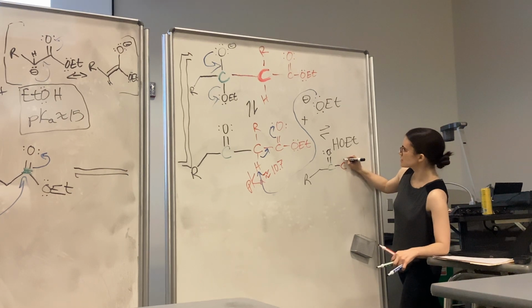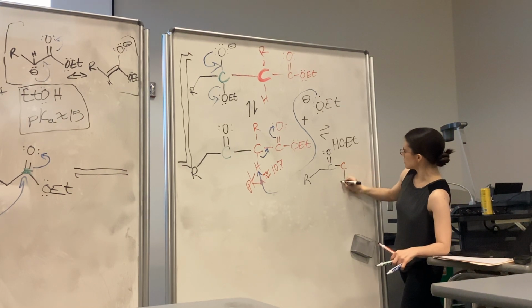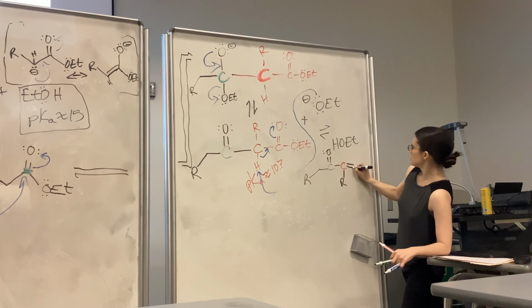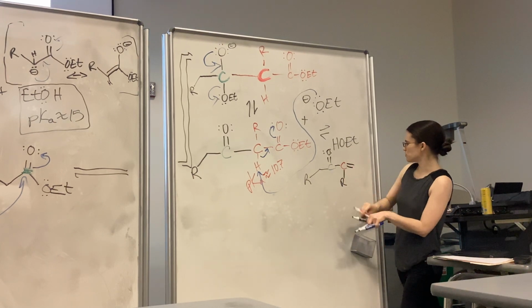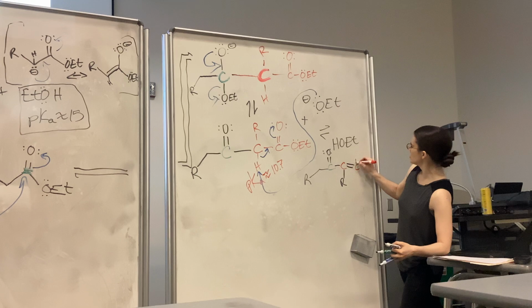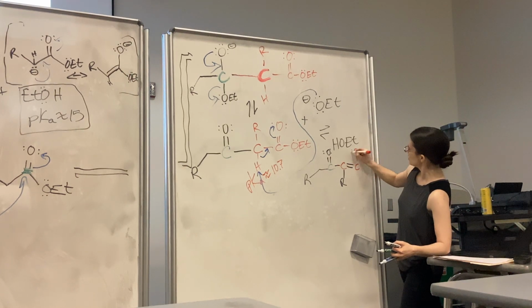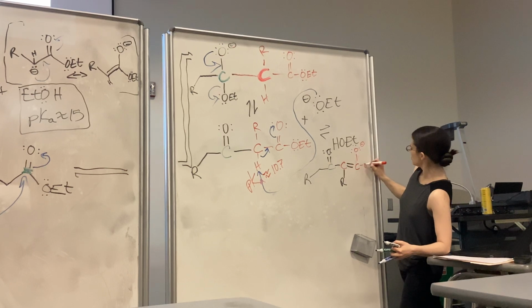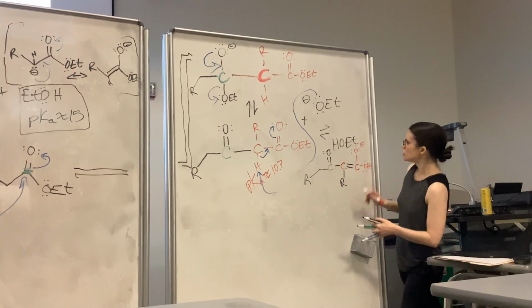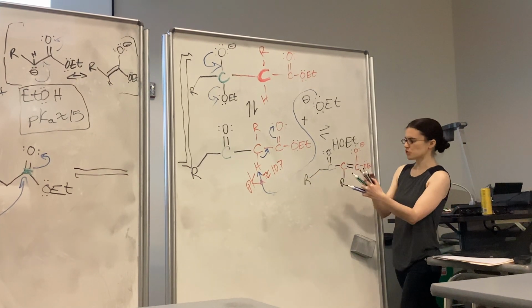This guy still has its R that I'm going to draw down here now just because we've got a double bond there. Okay, so that's a pKa of about 10.7.